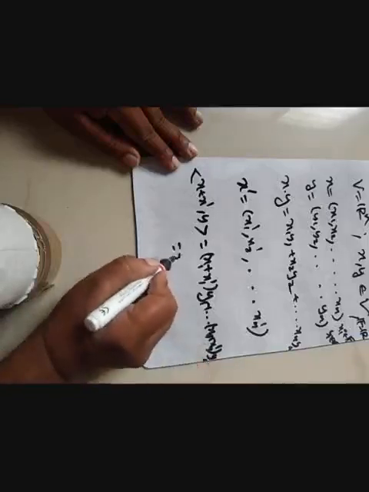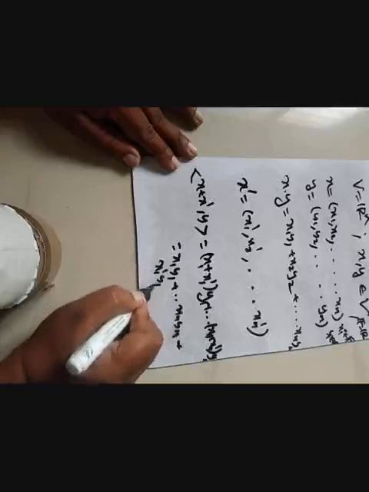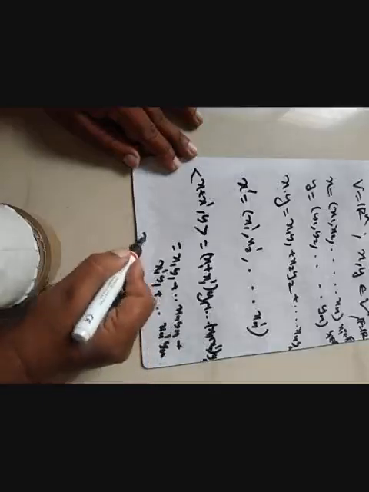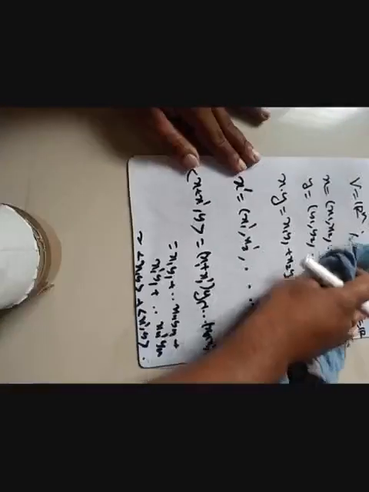So this is nothing but x1 y1 up to xn yn, plus x1 dash y1 up to xn dash yn. So this is the inner product of x with y plus the inner product of x dash with y. Similarly, alpha is easy to check.